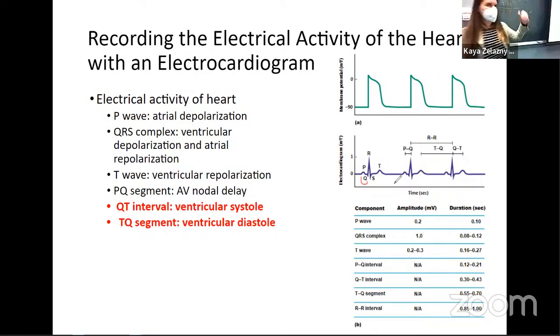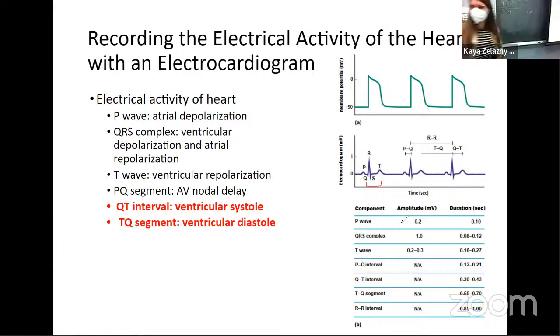So how long it's taking us to travel to that AV node and how long the AV node is kind of pausing before it tells the ventricles to contract.